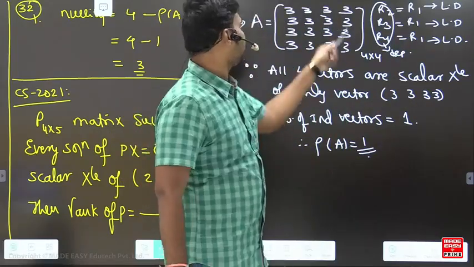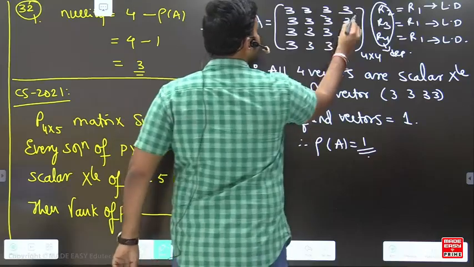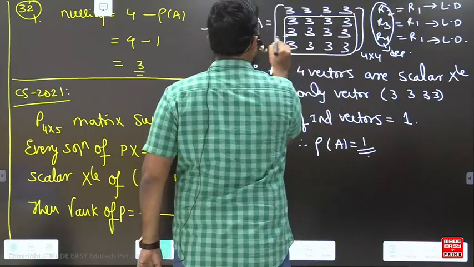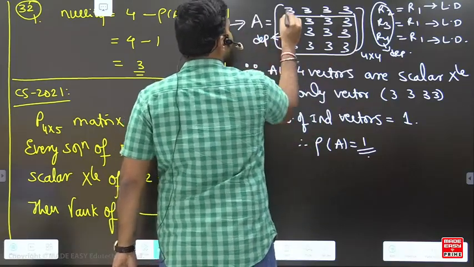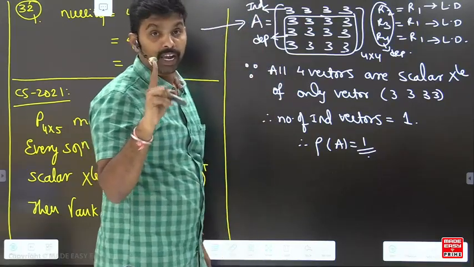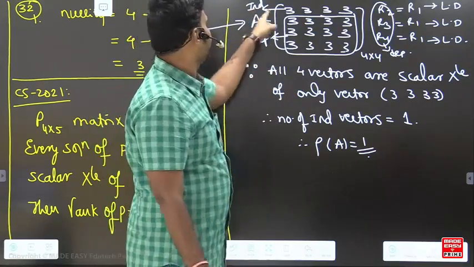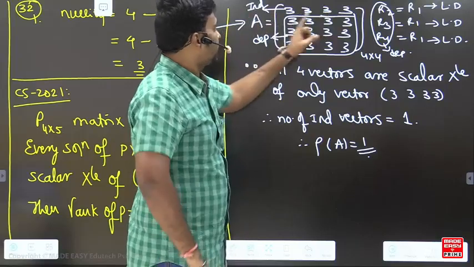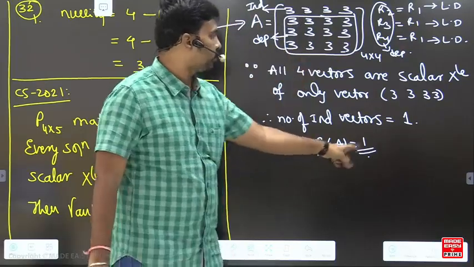Out of the 4, these 3 are dependent and this is independent, because the rank must be at least 1. So by taking this one as independent, the rank is 1 here.